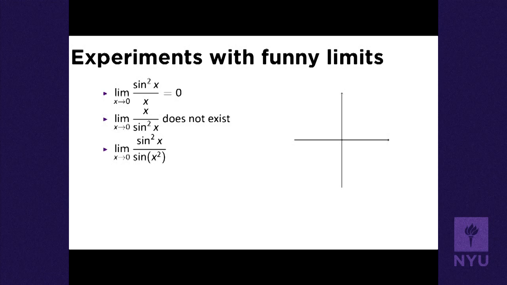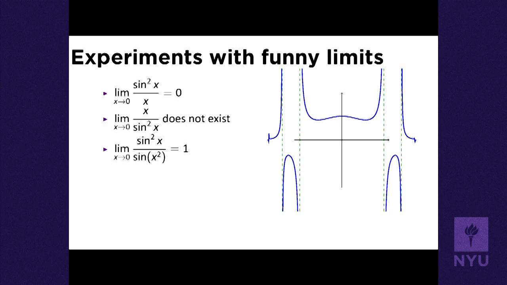For small x, sine x and x are about the same. So if that's true, sine squared x should be pretty close to just x squared. And also, the sine of x squared is also small, so its sine should also be close to x squared. So if you use that approximation, both the numerator and the denominator should be approximately x squared. In that case, you would guess that the limit is 1, and that's in fact what happens.